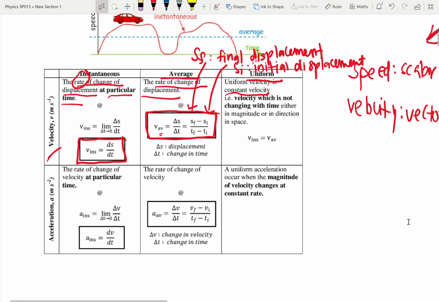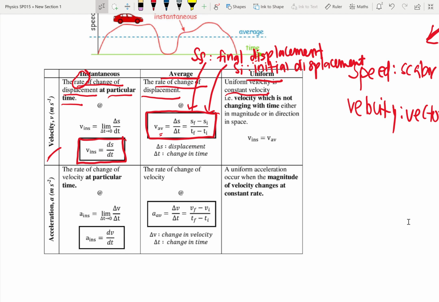Maybe at t0 the velocity is 5 meter per second, and then at t1 to t2 until t15 seconds, the velocity is still the same. That means the object moves in uniform velocity, or we can say that the object moves in constant velocity. In other words, the acceleration of the object is 0.